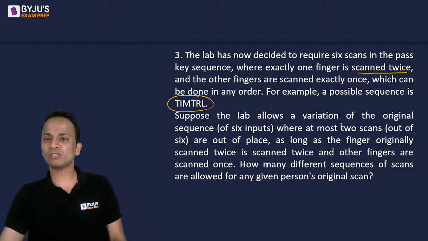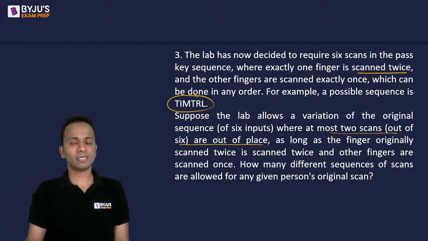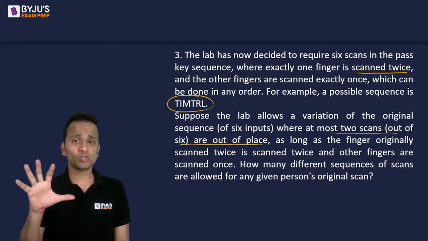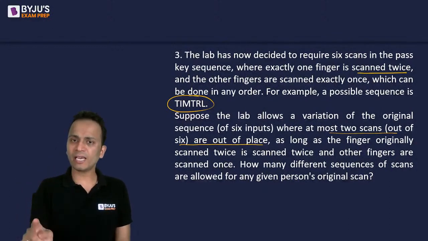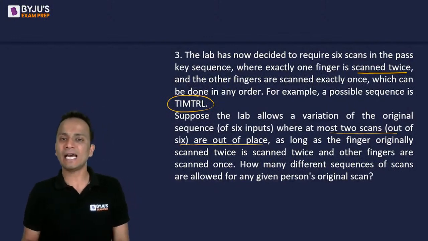Now, suppose the lab allows a variation of the original sequence of 6 inputs, where at most 2 scans out of 6 are out of place. Okay, understood? Question number 1 was for 5 fingers. Now, the same variation is allowed, but with these 6 scans.